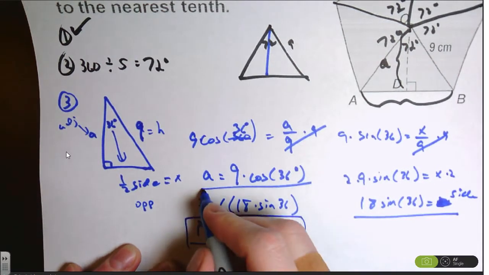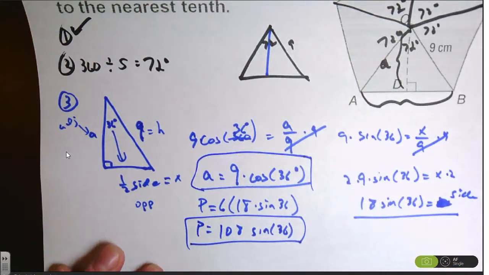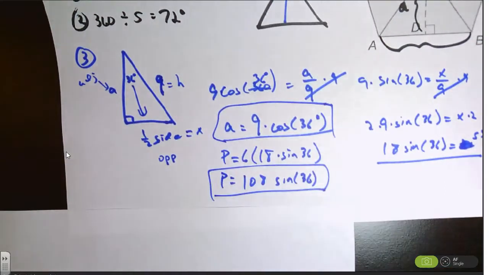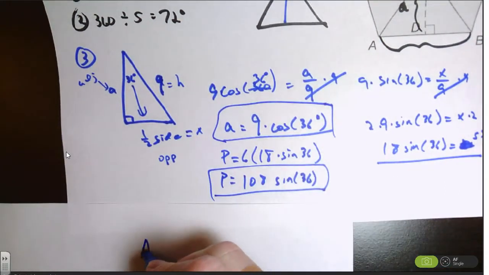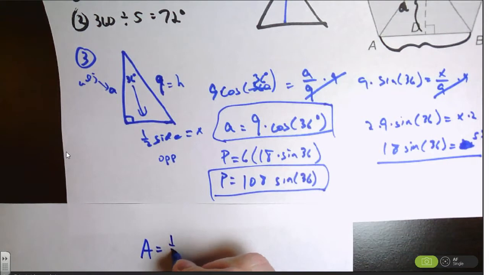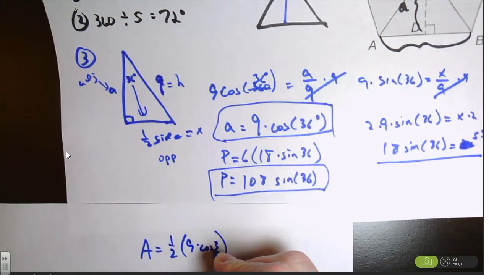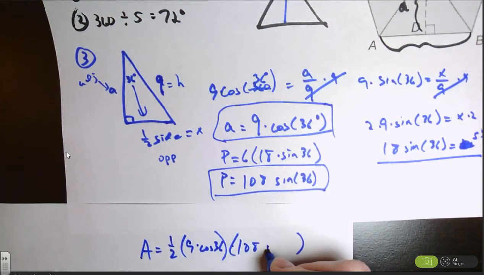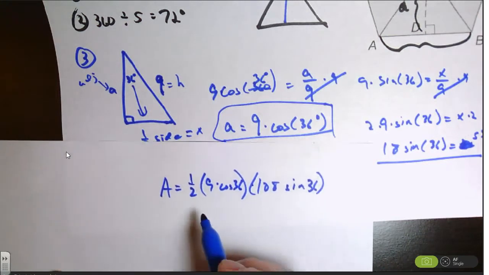So I need perimeter, I need apothem. So now the area is going to be one half apothem times perimeter. Okay, there's the exact area.